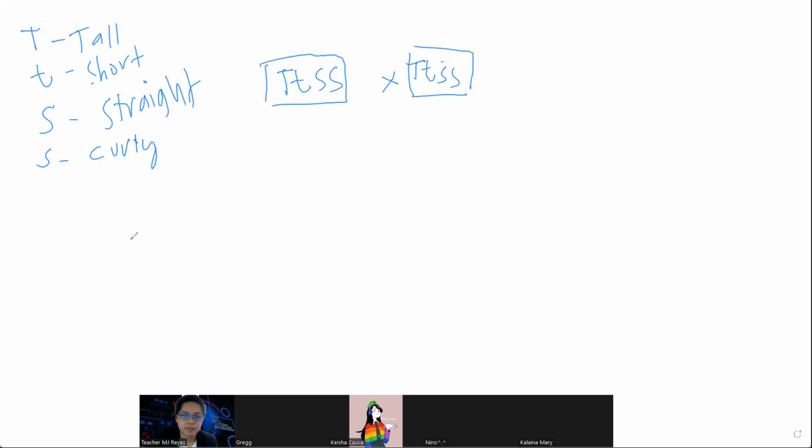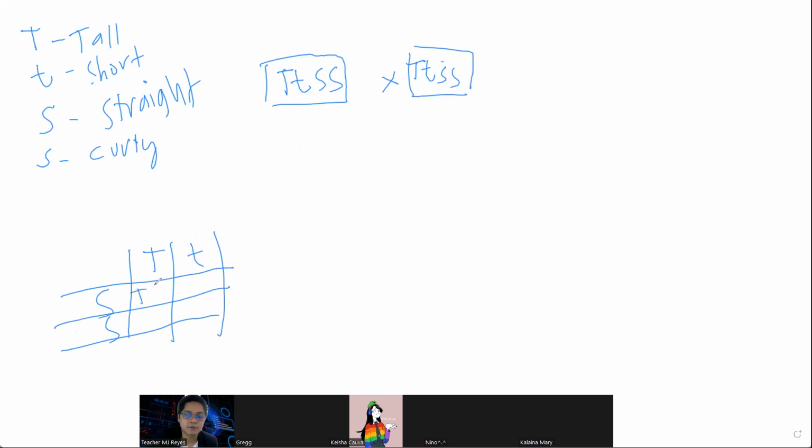So this is the male. Let's start first with the male. Cross it over by itself. So we have heterozygous tall and homozygous straight. What could be the possible result? We have TS, and TS.